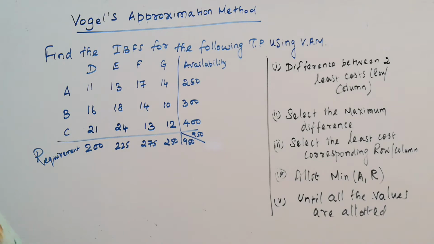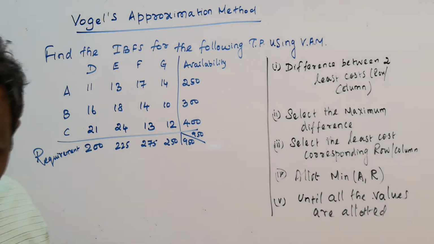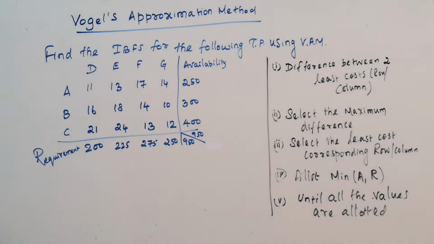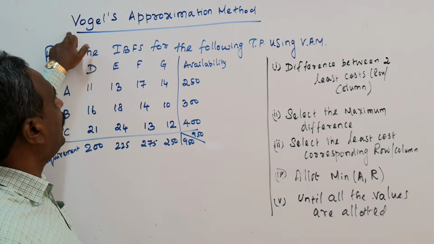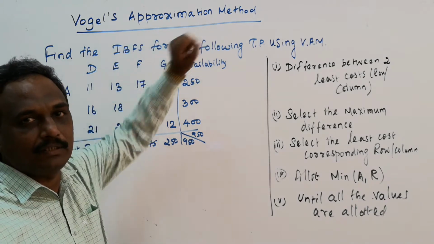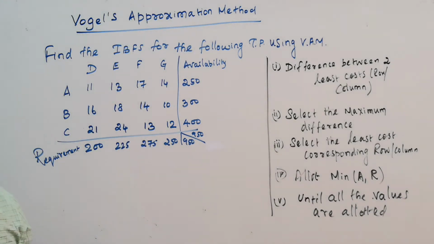See, first, let's take this example: find the IBFS for the following transportation problem using Vogel's approximation method. I have taken the same problem we discussed in the previous class.